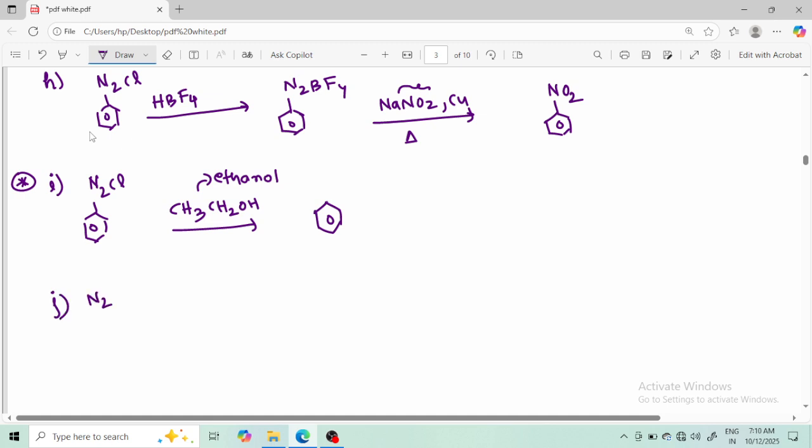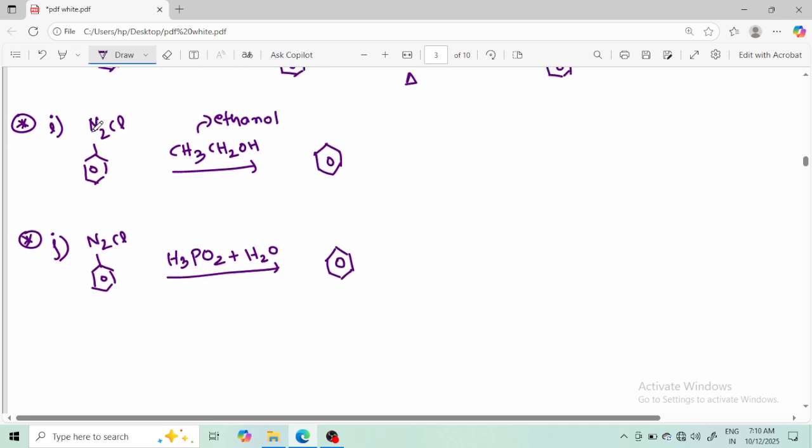So let's say there is N2Cl and it's reacting with H3PO2 and H2O. This one is also important. Okay, here also you will get one benzene ring. And last one is, let's say N2Cl, it's reacting with water.